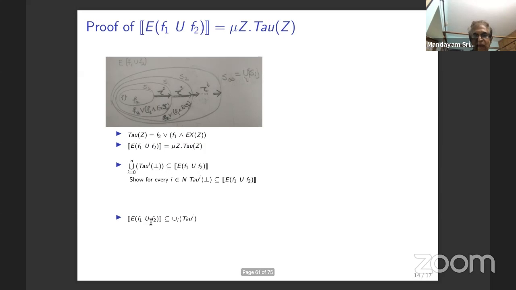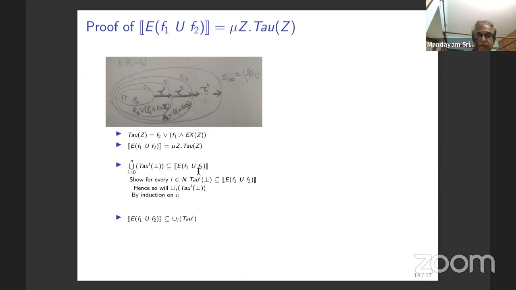I didn't have the time to type this in. I will have it ready. But this part is shown by induction. Just like we showed the proof of this Kleene iteration, for every i, each Ti is a subset of this right side.